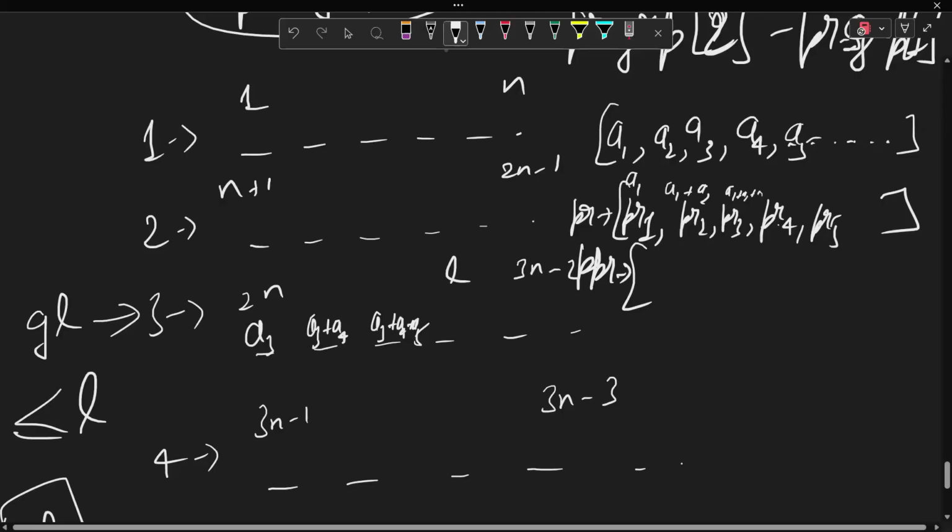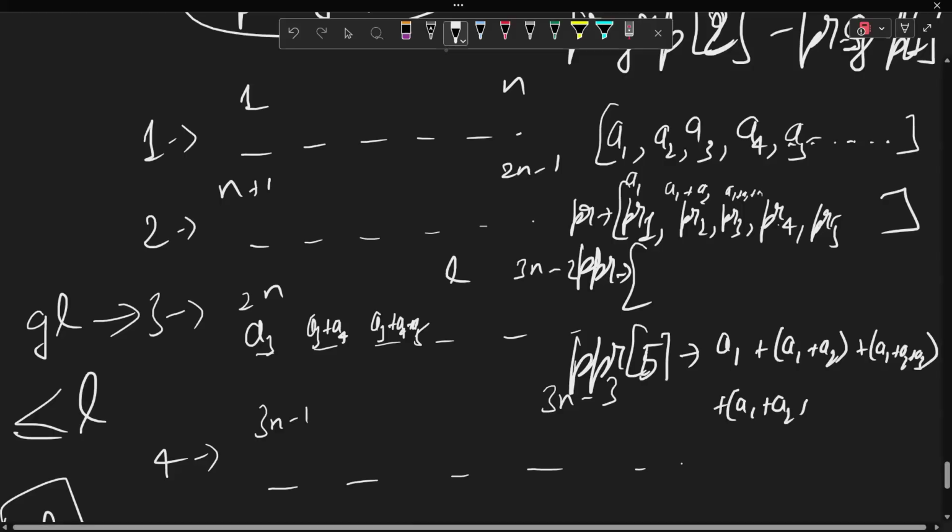So prefix sum of prefix sum, let's say I'm doing it at index 5. What would it store? It would store A1, plus A1 plus A2, plus A1 plus A2 plus A3, plus A1 plus A2 plus A3 plus A4.